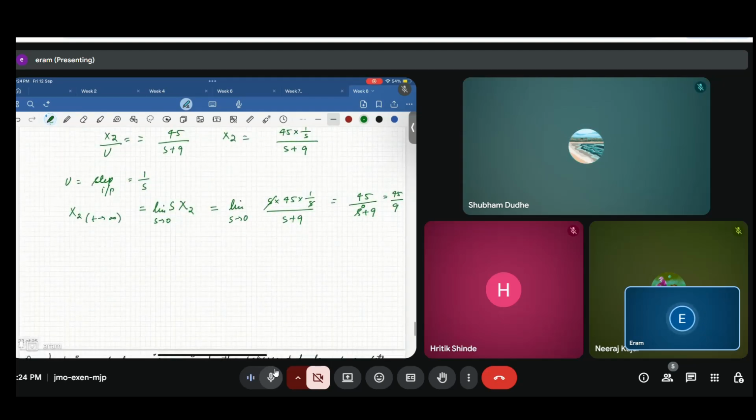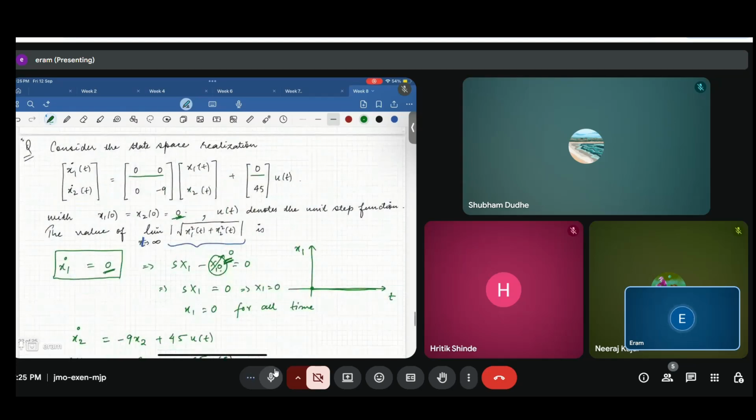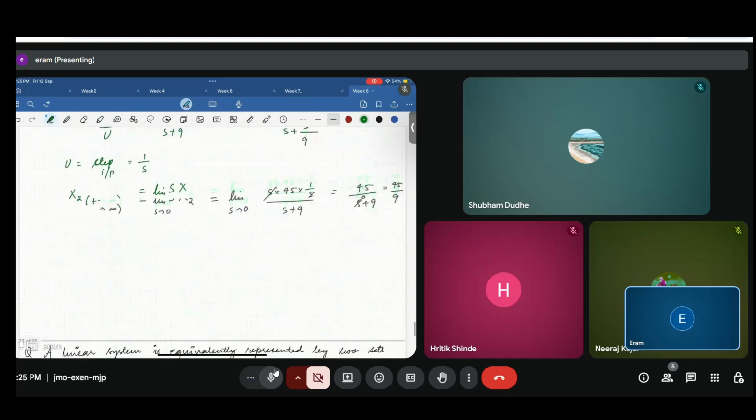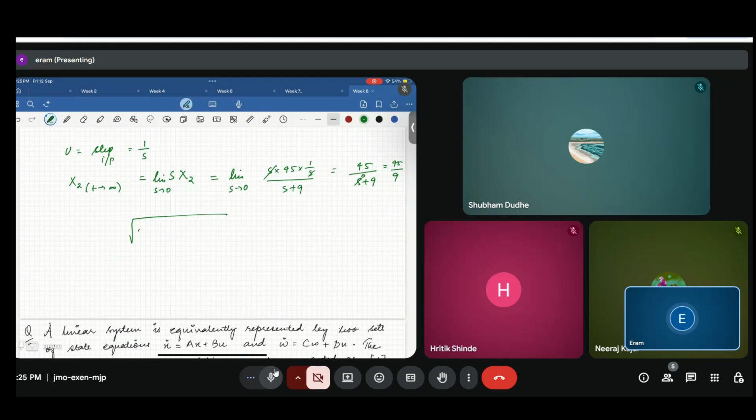Now what do we have to find? We have to find this value, which is the square root of x1 square plus x2 square.